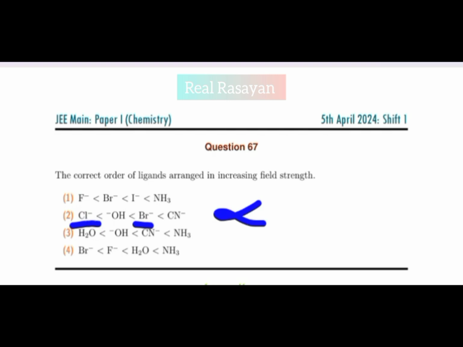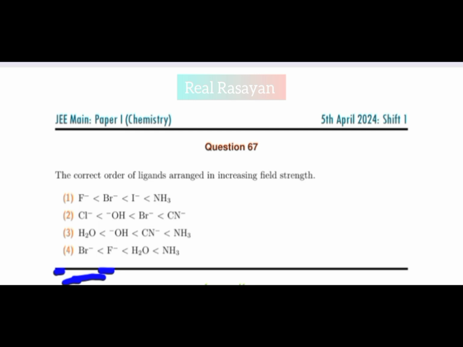And in case of water, hydroxyl ion, cyanide, and then ammonia, we can follow the donor atoms. The carbon containing ligand, that is cyanide, must have greater field strength, but it has less crystal field strength than the nitrogen containing ligand, that is ammonia, so it will be wrong. In case of the last one, fluoride has greater field strength than bromide ion, so it will be okay.